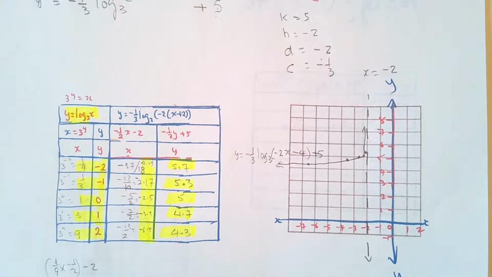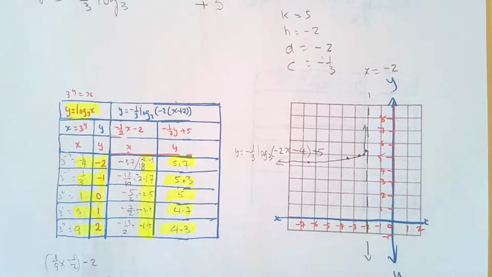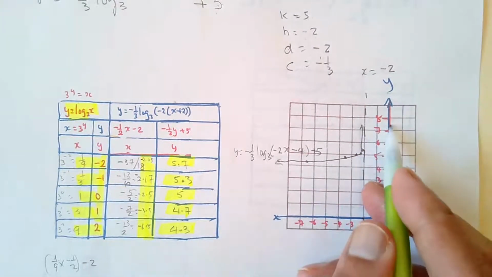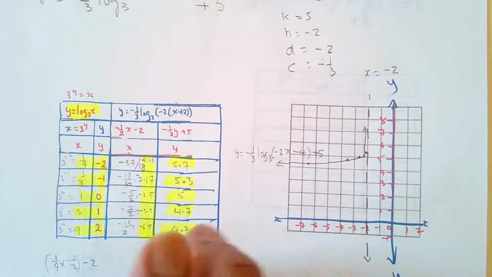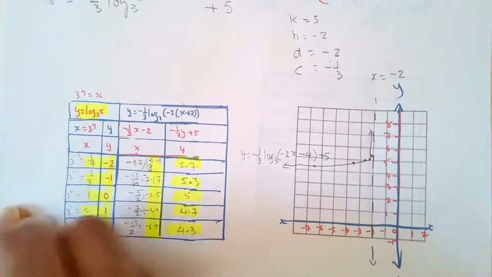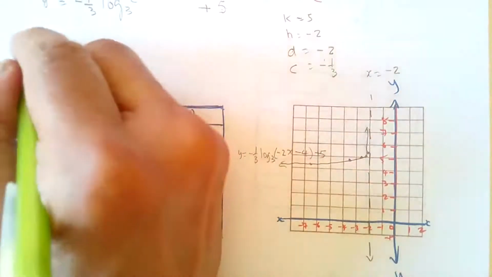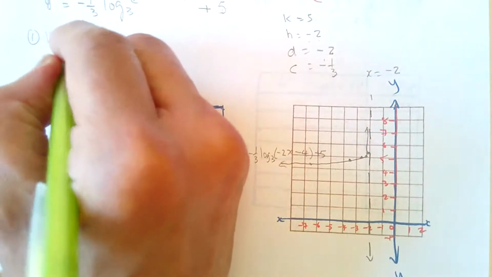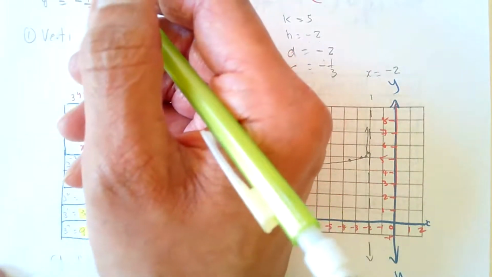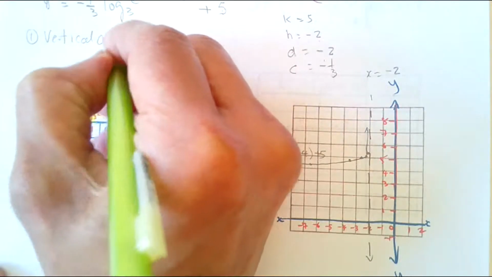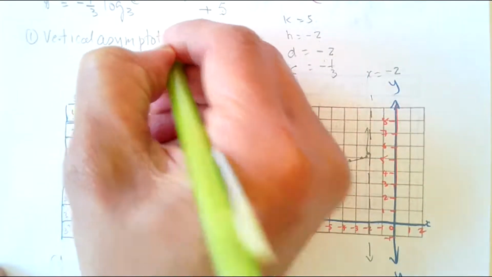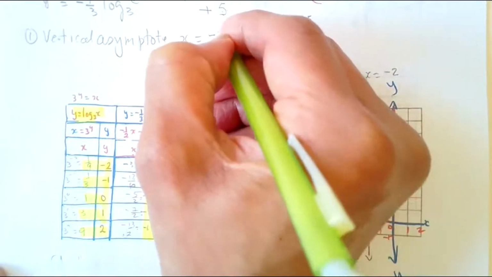Now, theoretically, you could have an x-intercept. So let's look at, okay, we have our vertical asymptote, x equal -2.